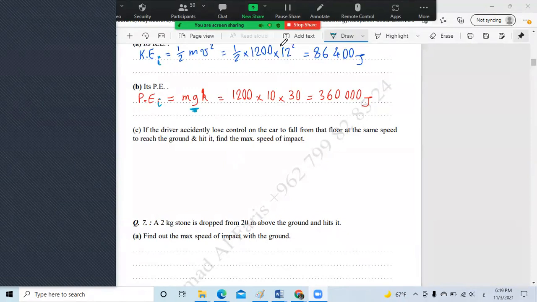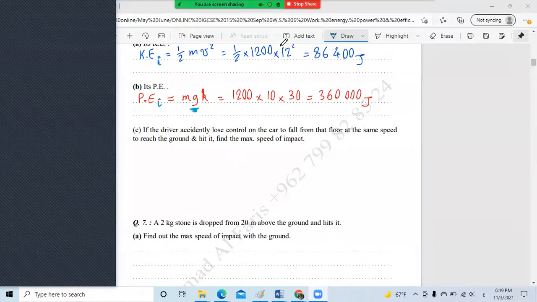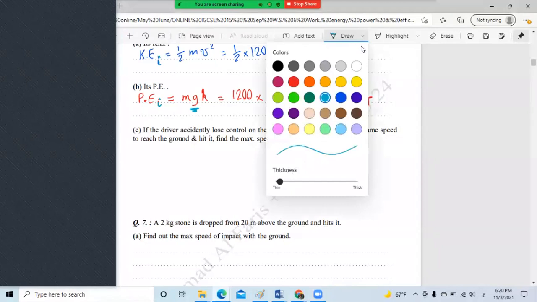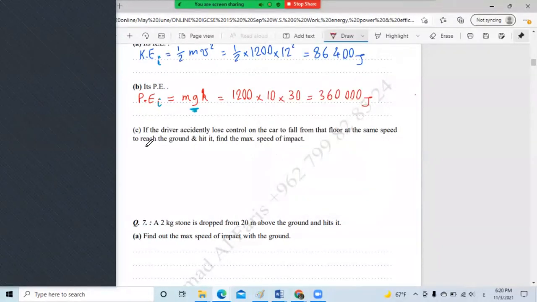So when they ask here to find the maximum speed of impact, and they repeat this question in different ways in the last years, especially in this new syllabus after 2016, we have to know that total energy initial is equal to total energy final.